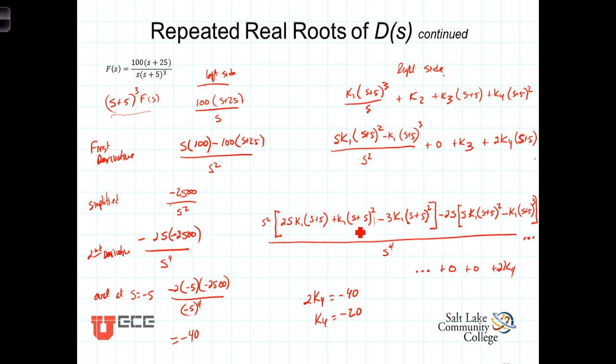These two terms then are the result of the product rule operating on this, minus the derivative of this, which is minus 3 times k1 times s plus 5 to the second power.